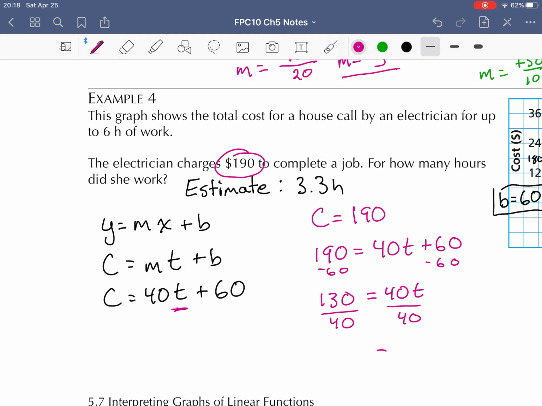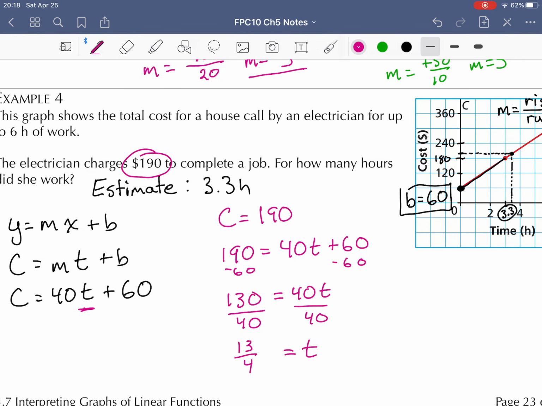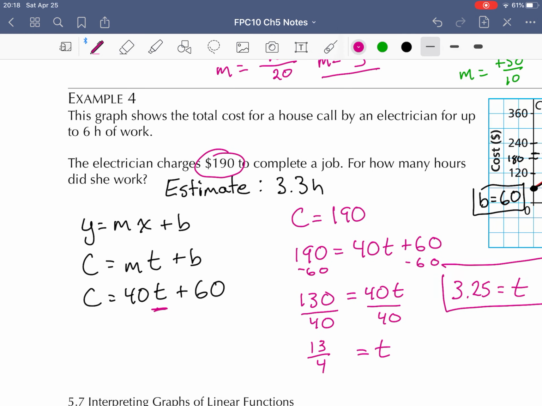Divide both sides by 40 to get t is equal to 13 over 4. And we like time to be in some type of a decimal number. So you divide 13 divided by 4. Time is equal to 3.25 hours. So for $190 cost, she's going to work for 3.25 hours.